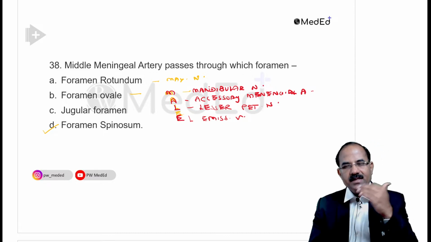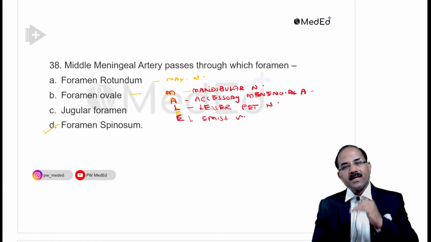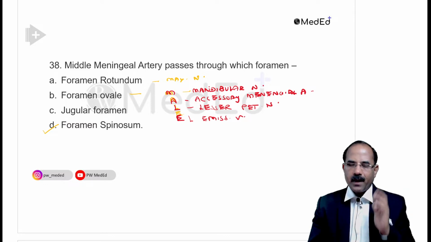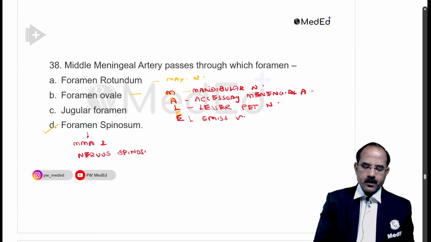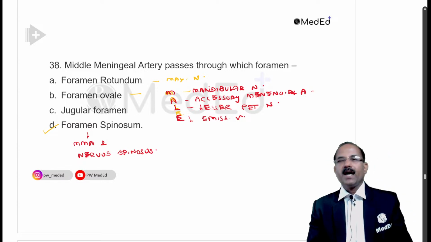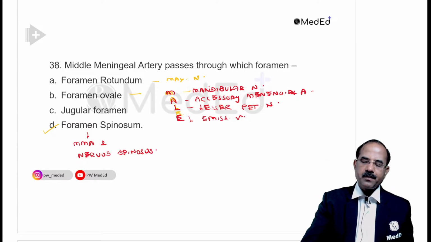A is the accessory meningeal artery. L is the lesser petrosal nerve. E is the emissary vein. So MALE. Foramen spinosum, what passes is the middle meningeal artery and the nervus spinosus that passes through the foramen spinosum.